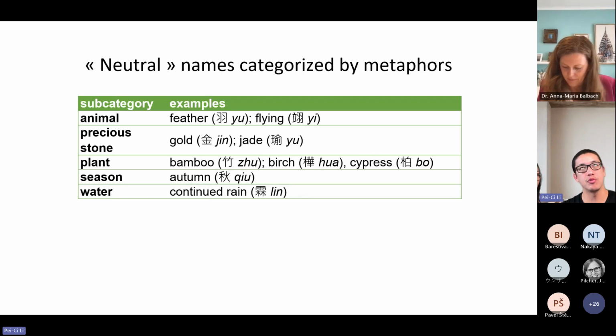And finally, for plant, if you remember, for female names what we had was more something like flower names. For male names, we had plants. And for neutral names, we have plants, but it's more plants that are usually not associated with either male or female, such as bamboo that you find as neutral names. So we do see different strategies that are being used to try to differ, also in terms of season, as we have seen before.